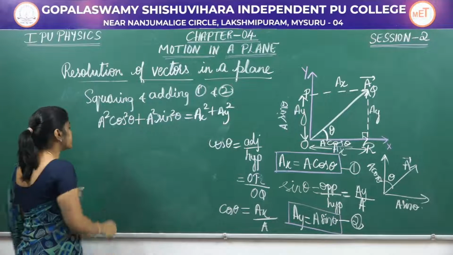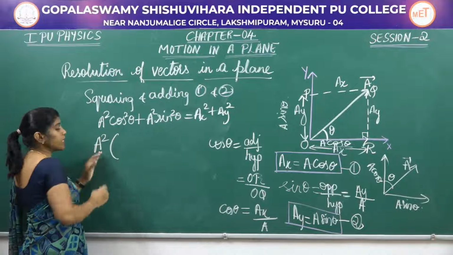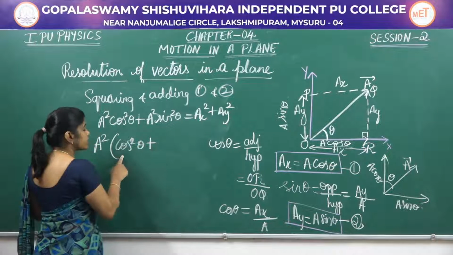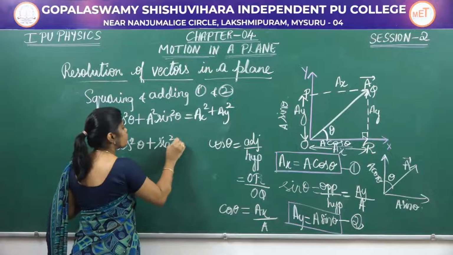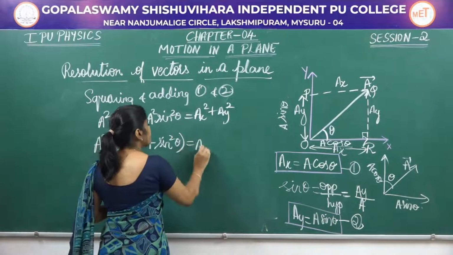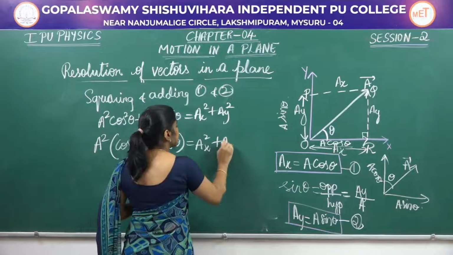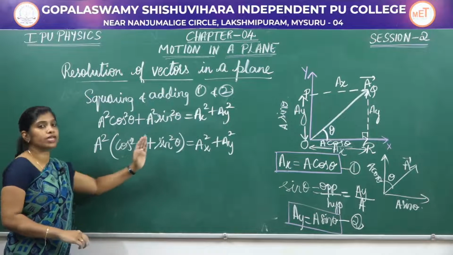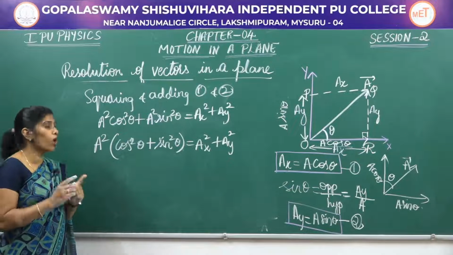If I take A square common, then this will be A square times cos square theta plus sin square theta, equal to AX square plus AY square. You know the formula cos square theta plus sin square theta is equal to 1.